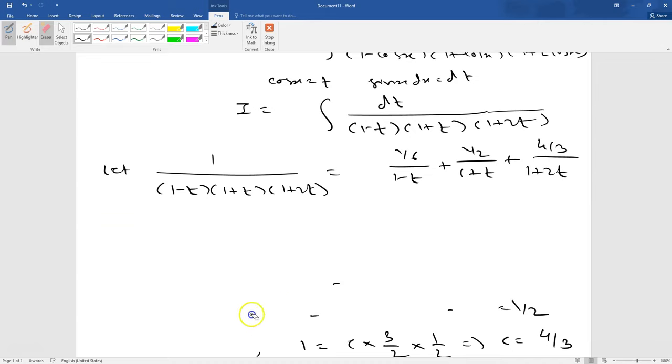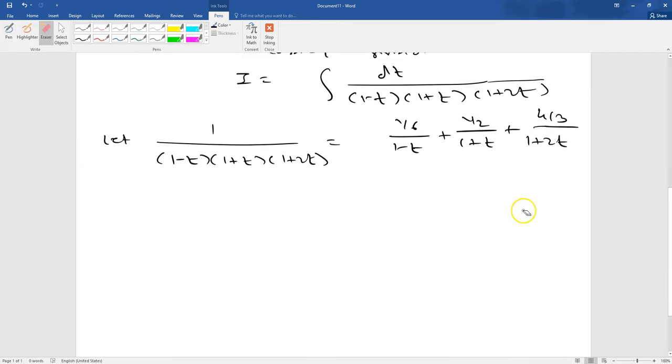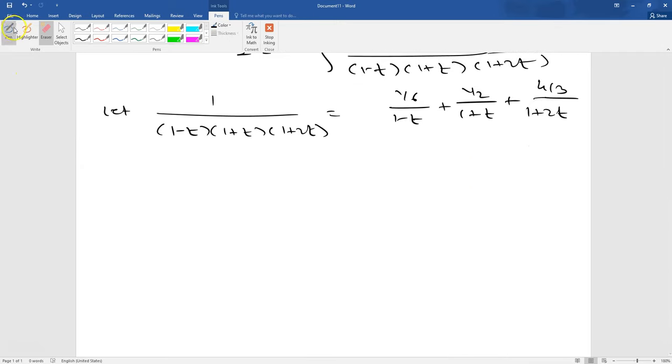Okay, now what we want to take, right? We want to take the derivative on both sides. Sorry, not derivatives, we want to take the integration on both sides, right? So integration of both sides is going to be like this: integration of this, integration of this, integration of this, dt, dt, dt, and this will be again dt.